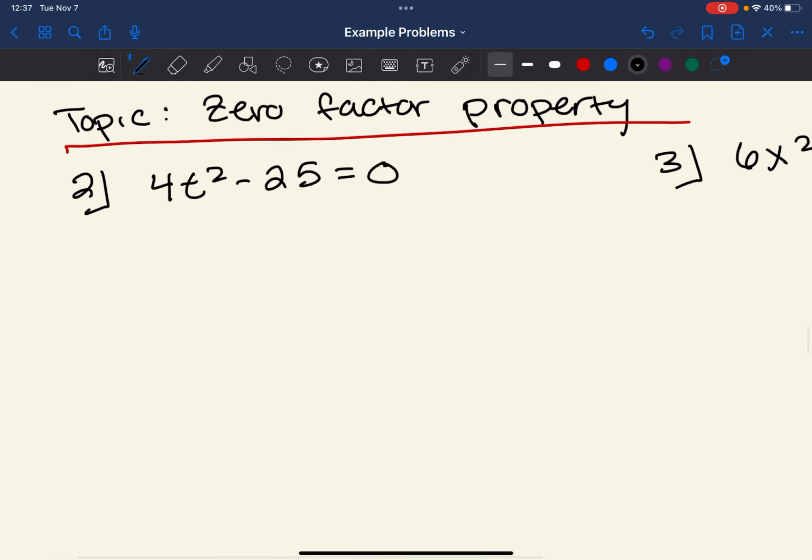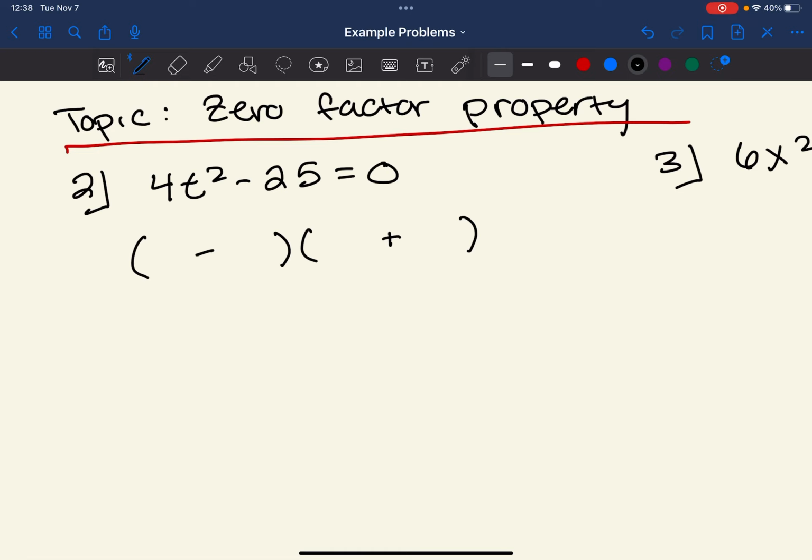So what that means is I am going to have two parentheses sets, where one has a minus and one has a plus. Then I'm going to take the square root of my a value and the square root of my c value, and that's going to give me my factors.